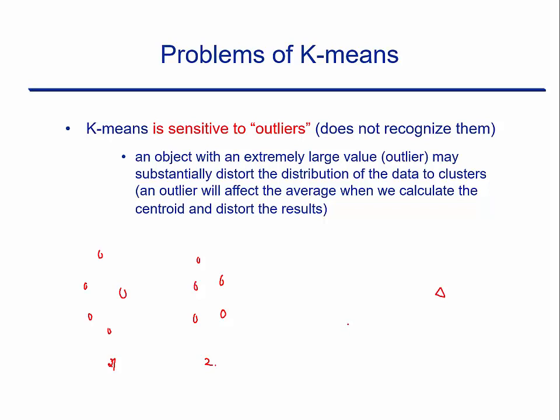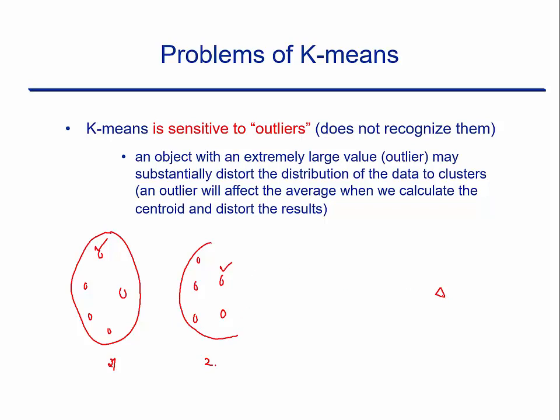So suppose we randomly pick 2 points as the centroids of the initial clusters. So suppose we pick this point and this point. Now, after the first iteration, we can find that these 5 points will belong to the same cluster, and these 5 points will also belong to the same cluster.